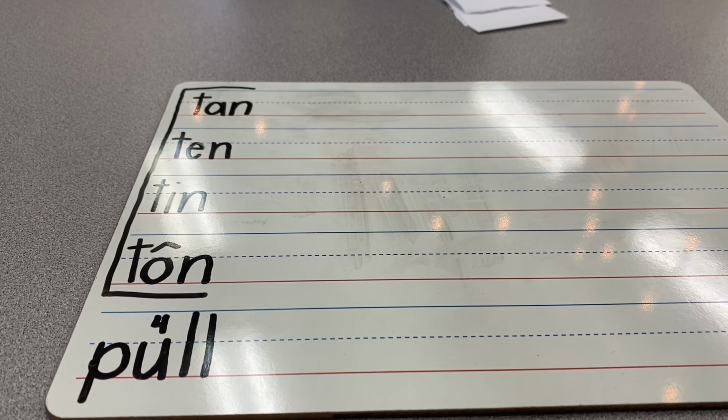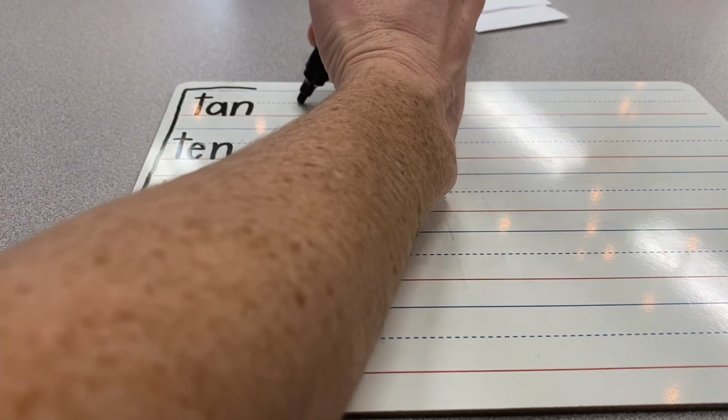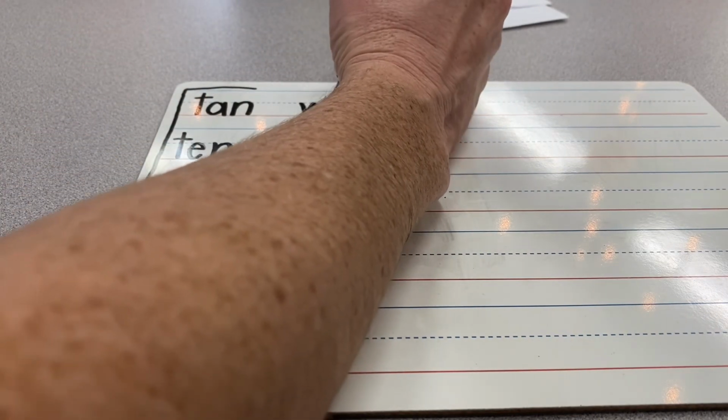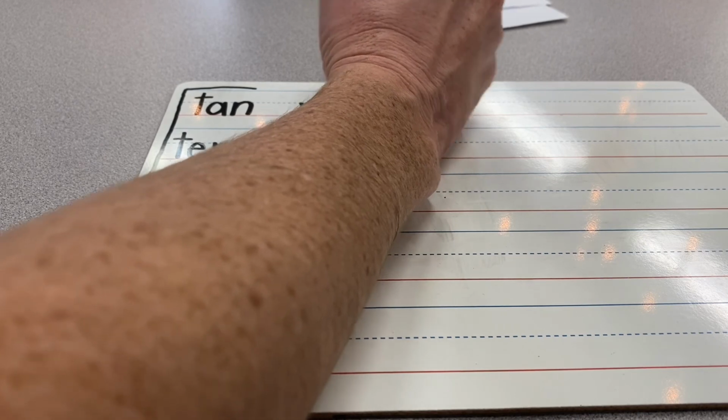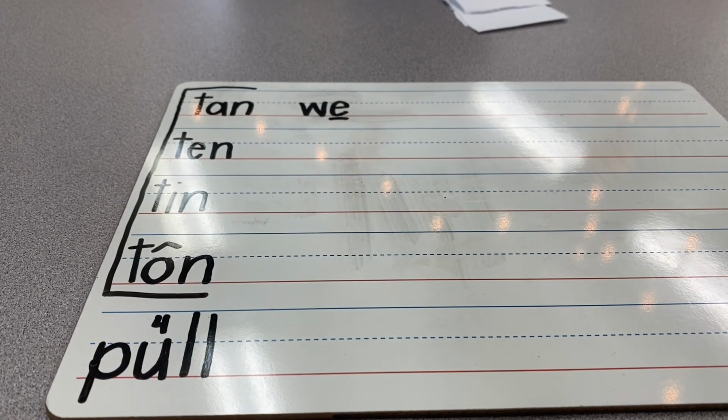Very good. Read it back to me, please. We. Now that we is a different we. How many syllables? One syllable. What's the first sound? Then what? E. And why is that E saying its name? Fantastic. Make sure it looks like mine and write it.